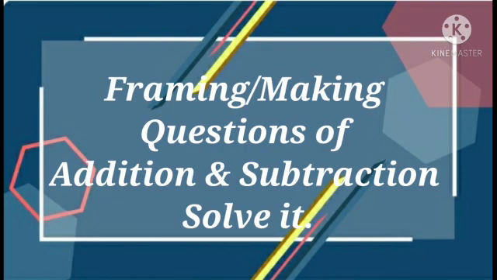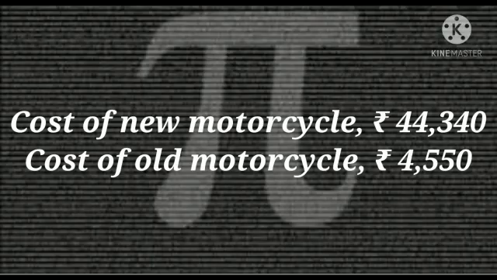Now students, we are going to learn framing, making questions of addition and subtraction, and we are going to solve it. Moving on to the example, cost of new motorcycle rupees 44,340, cost of old motorcycle rupees 4,550. So students, first we will frame an addition problem.